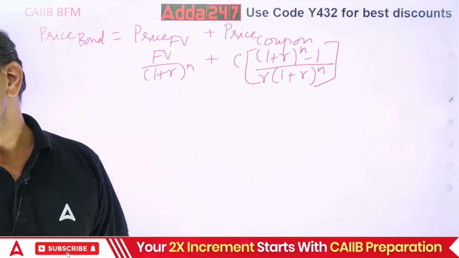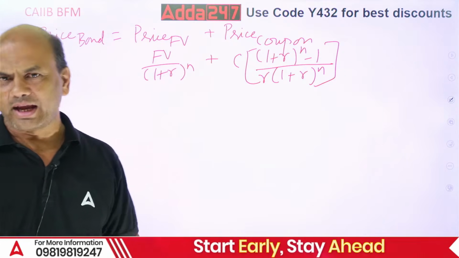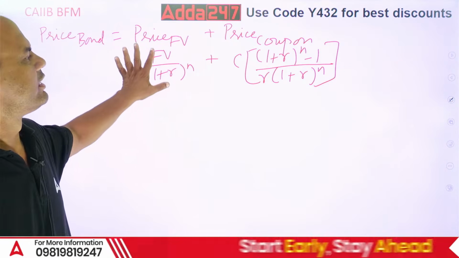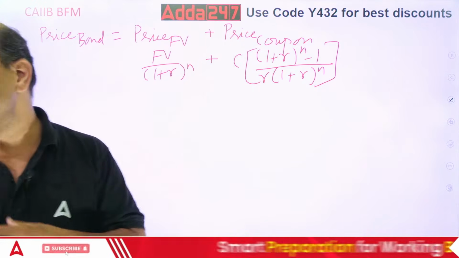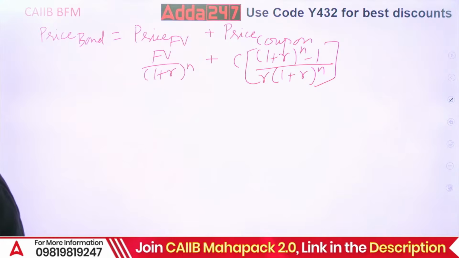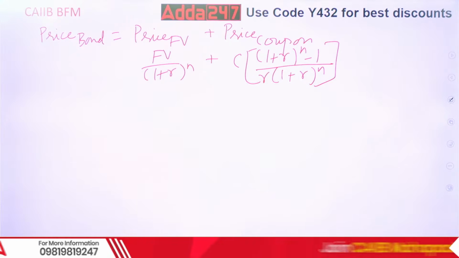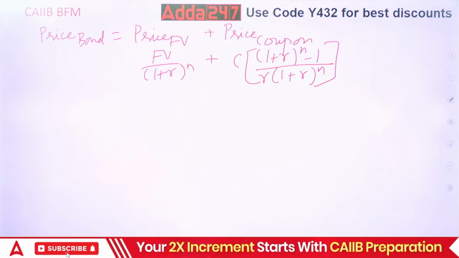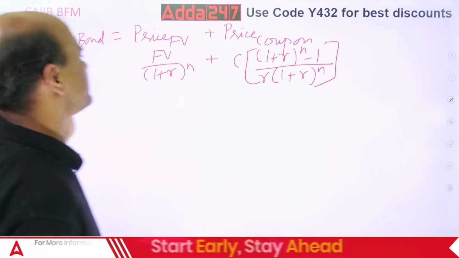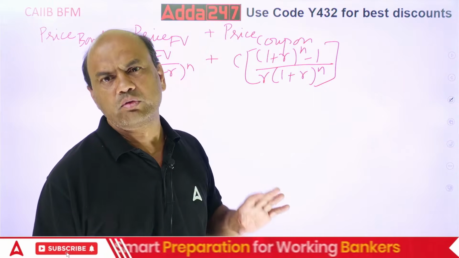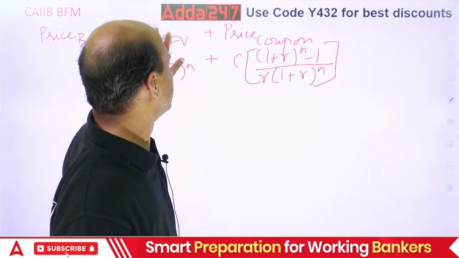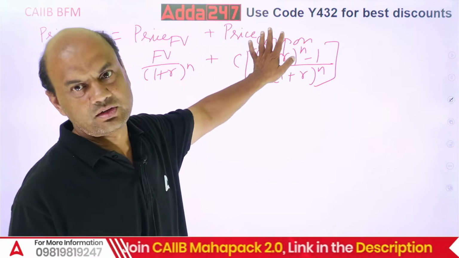Got it? Now, can anyone tell me which element over here will be zero? See, we are talking of a zero coupon bond. Very important trick, this is the most important trick over here.